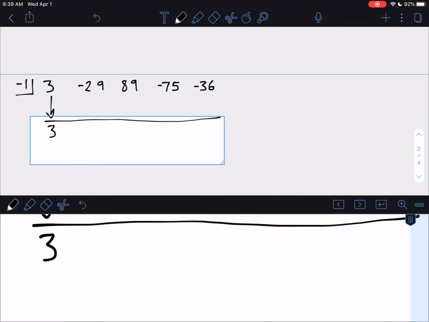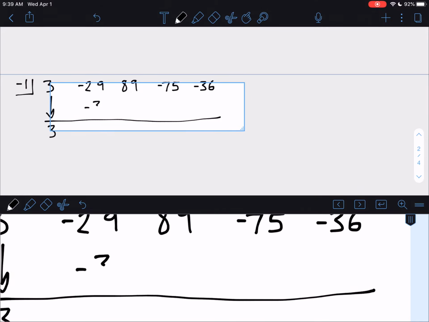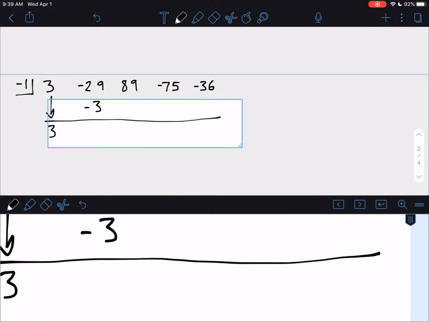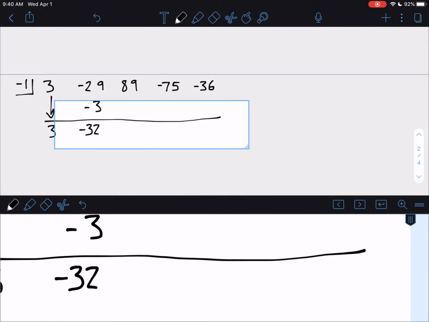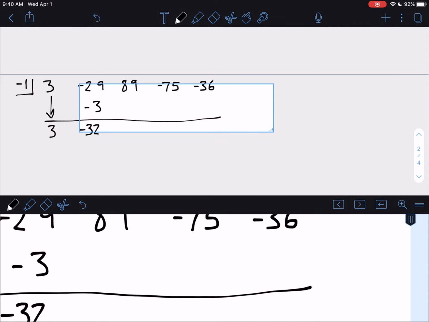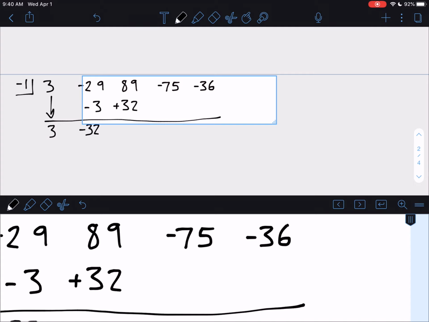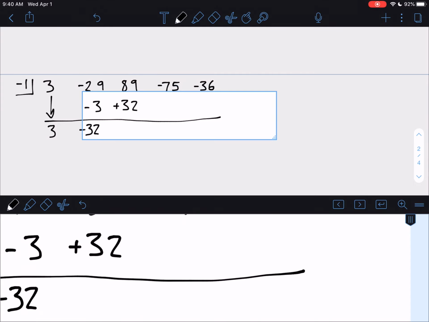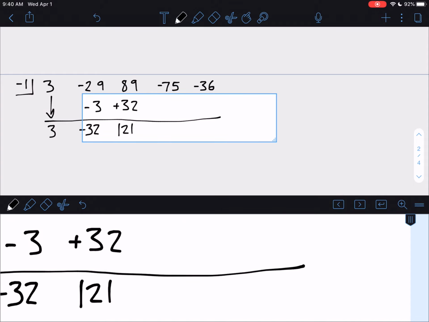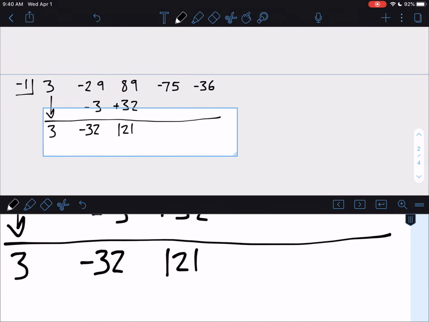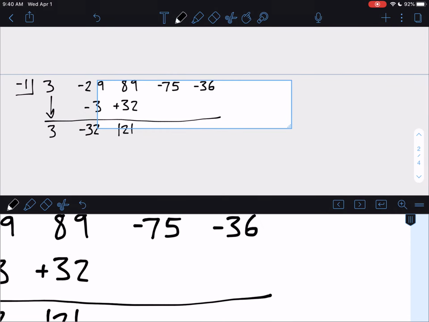So now I have the negative 1 inside the box times 3 is negative 3. Negative 29 minus 3 is negative 32. Negative 1 times negative 32 is positive 32. So 89 plus 32 is going to be 121, yeah. And negative 1 times 121 is negative 121.